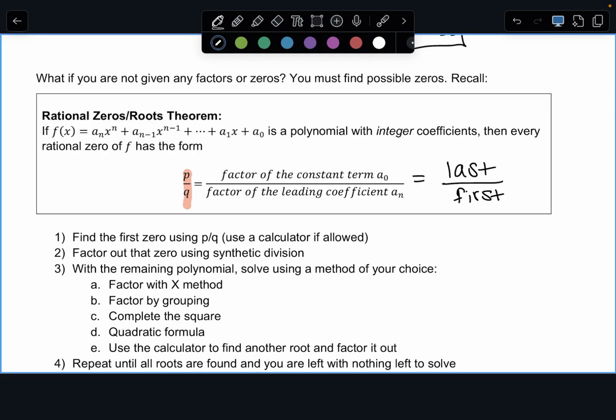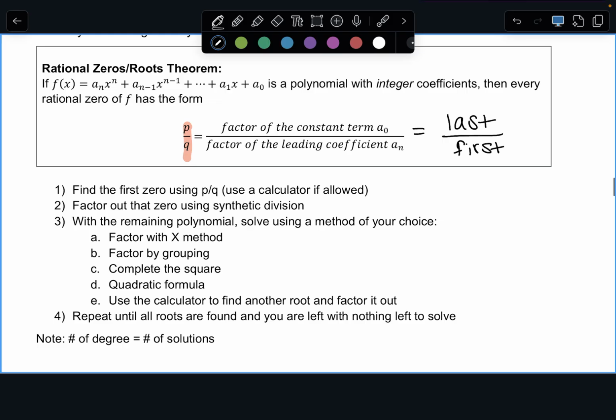So that can come from your P's and Q's if you guess and check, or it comes from your x-intercepts on your graph. So instead of guessing and checking P's and Q's, what we're going to do is graph it, and we're going to find the x-intercepts. I'm going to take one of my x-intercepts, and that'll be the special number in my box, okay?